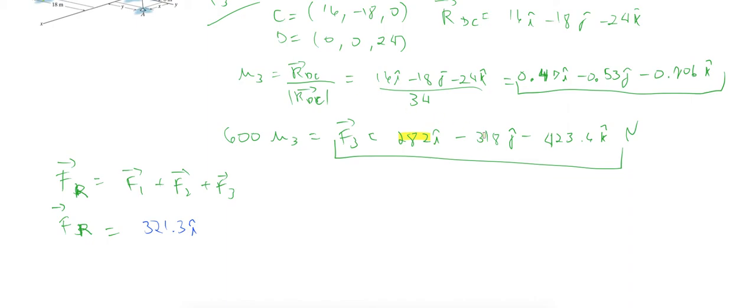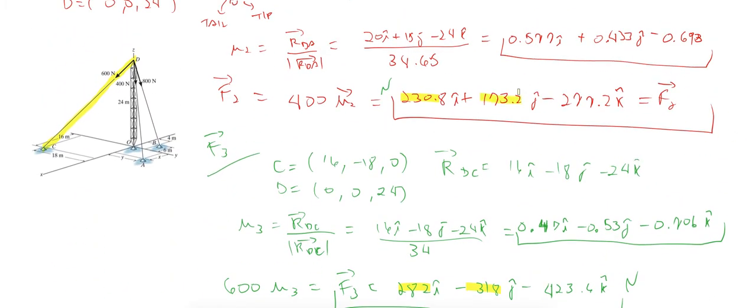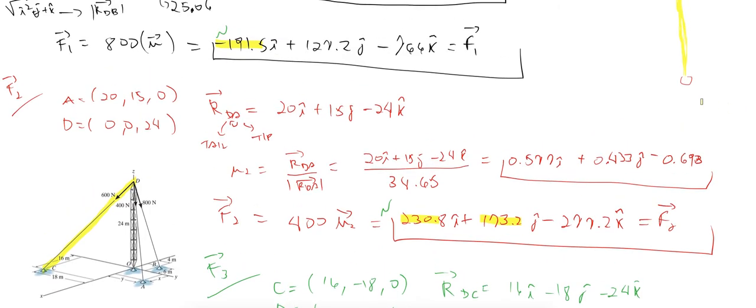Then the J's. Let's go the opposite way. Minus 318, plus 173.2, and then finally 127.2. Boom.